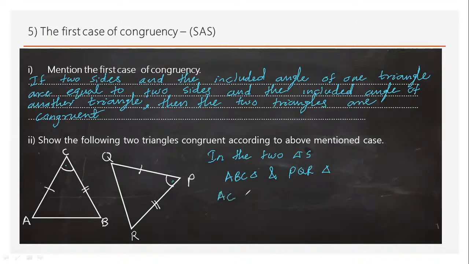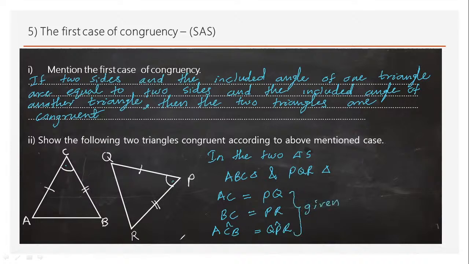AC equals PQ, one line here. BC side equals PR, two lines here, right? Given here. So we can mention the reason: given. And this one also, angle ACB, the included angle, equals the included angle P, QPR. That is also given.